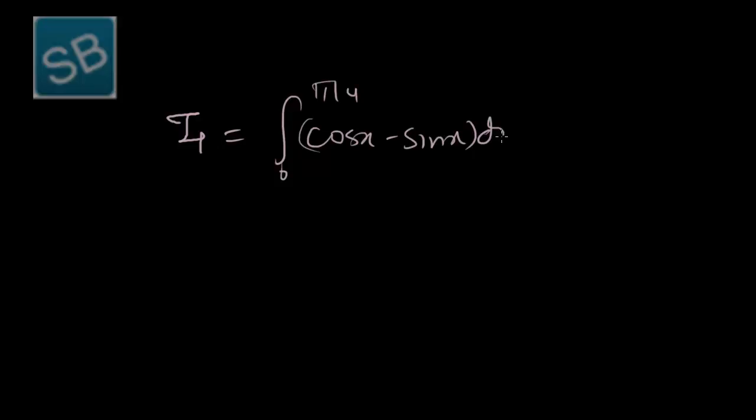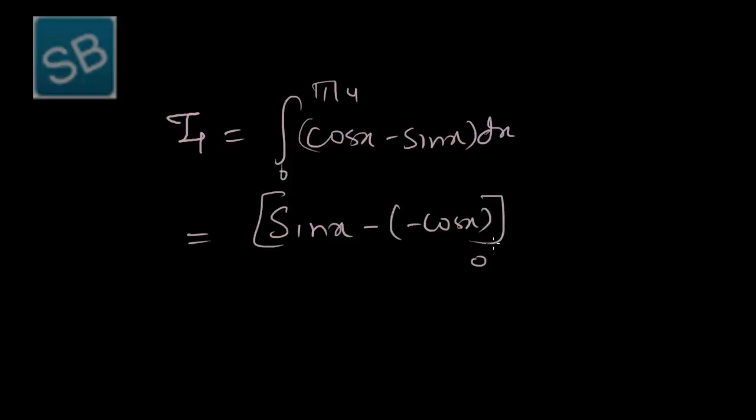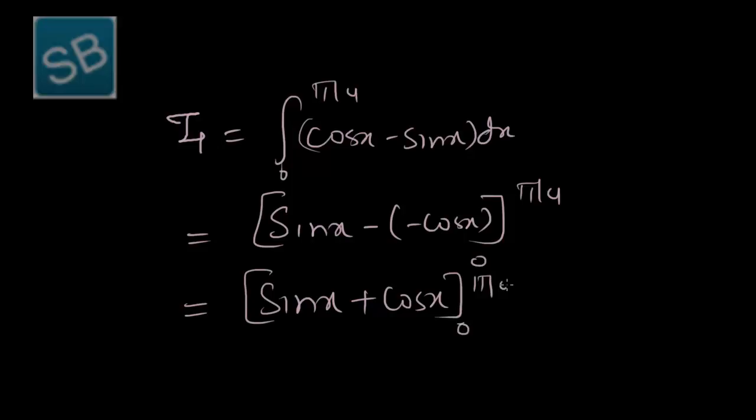So we will find out the value of I1. I1 is the integral from 0 to pi by 4 of cos x minus sin x dx. That is, the integration of cos x is sin x and of sin x is minus cos x, and the range is 0 to pi by 4. That is sin x plus cos x, 0 to pi by 4.